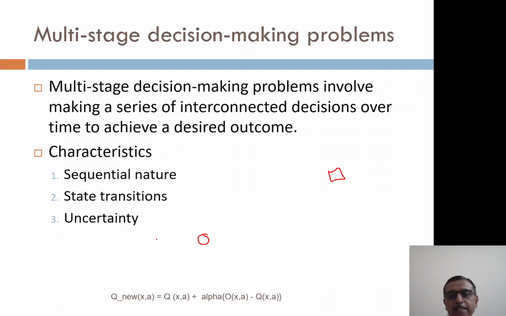When the robot takes a decision, it has to decide what velocity it should move at, in what orientation it should move. It can move like this, then it can move here, move here, move here. Maybe there is some obstacle here.